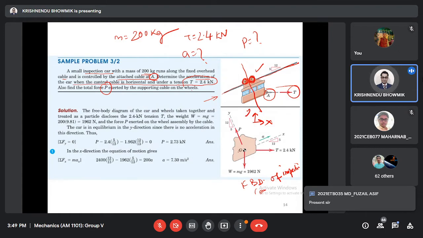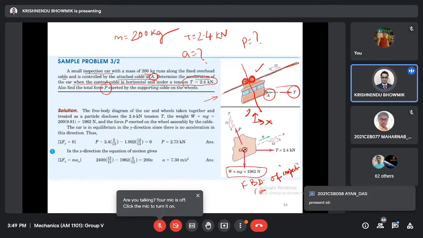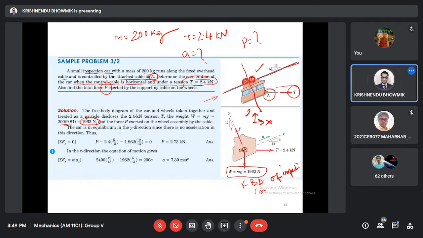As the problem says, it is 200 kg mass, passing through the center of gravity, and W equals mg with g equal to 9.81, so it is 1.962 kilonewton, the force acting in the vertical direction. The reaction force exerted by the supporting cable on the wheels is P, in the perpendicular direction. Now it is given this is 5 by 12. From this you can get the slope: it is 12 here and 5 here.